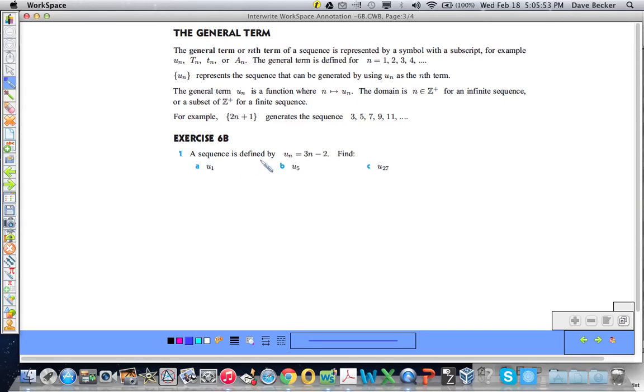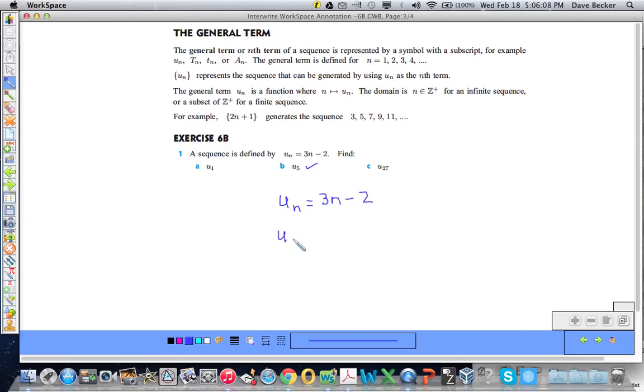A sequence is defined by u sub n equals 3n minus 2. So let's do B here. Find u sub 5. So u sub n equals 3n minus 2. I'm just recopying this.